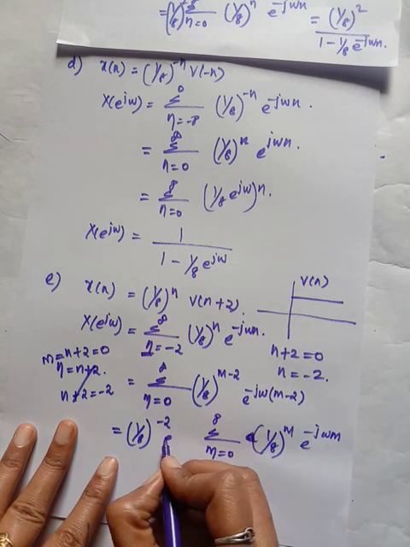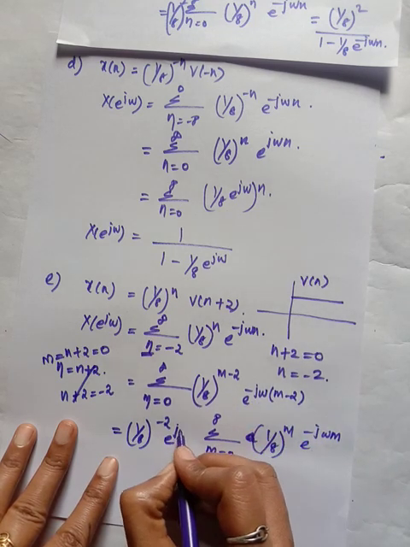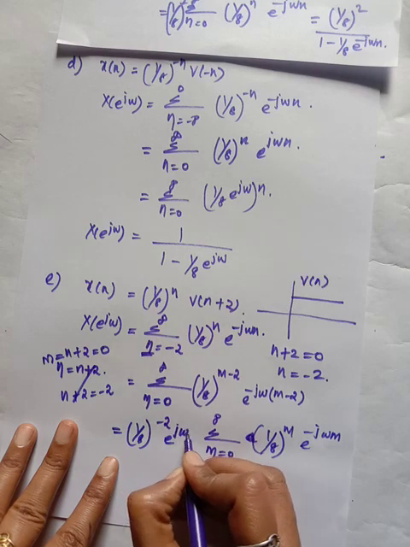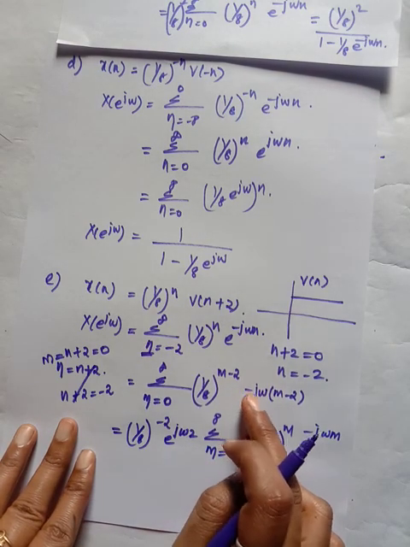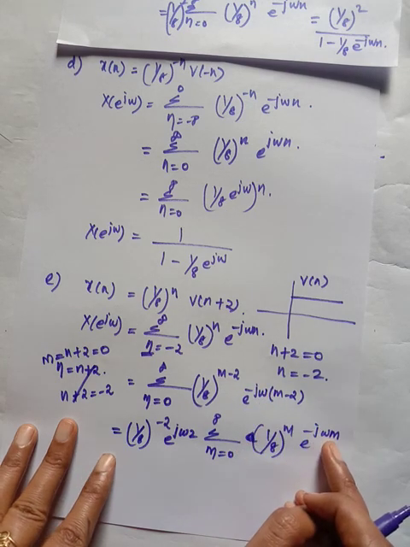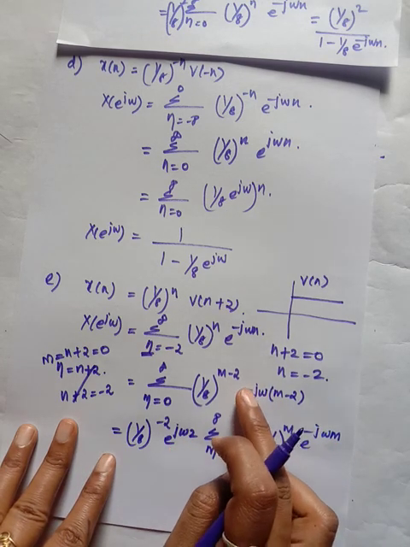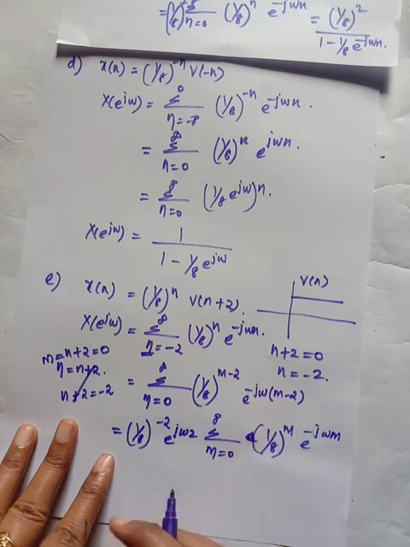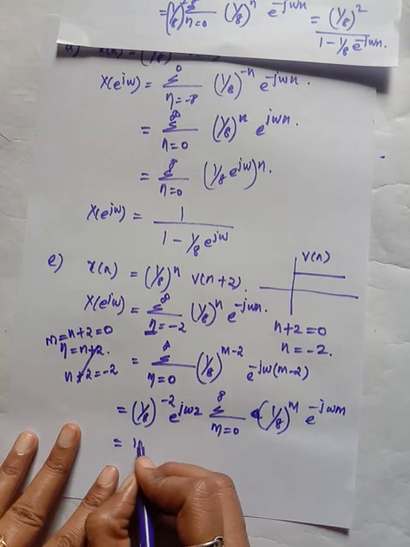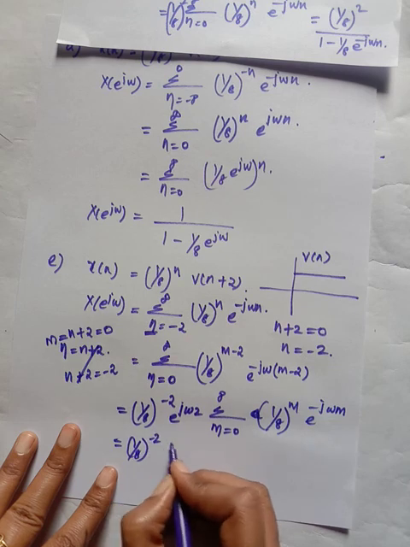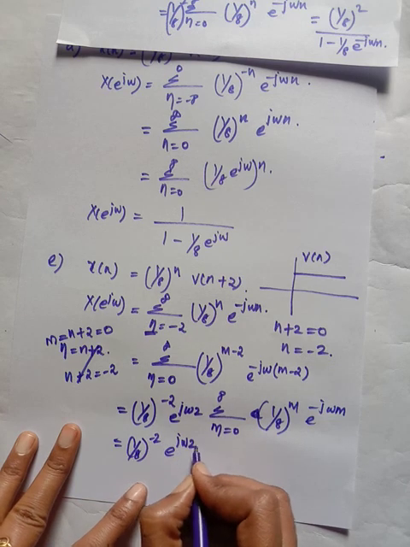When you simplify this, I will get e to the power j 2 omega. So here you will get e to the power minus j omega m, that I have written here. Next is e to the power plus j 2 omega, so (1/8) to the power minus 2, e to the power j 2 omega.